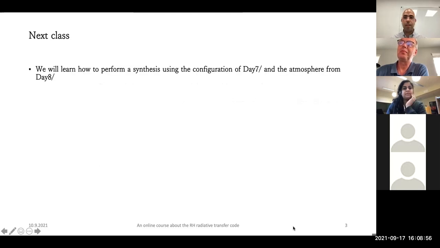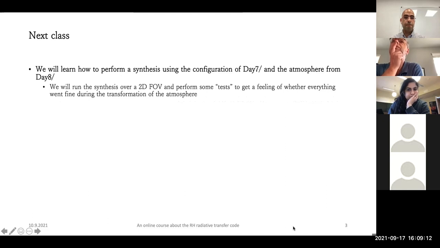Then next class, as I said several times, configuration from day 7, which I think is one of the best configurations that we could have for the calcium 8542 spectral region, with the Bifrost atmosphere that we already have in the RH format. We will run it over a small field of view, and you will see that things take some time in serial, so you will see the benefits of using parallel runs.